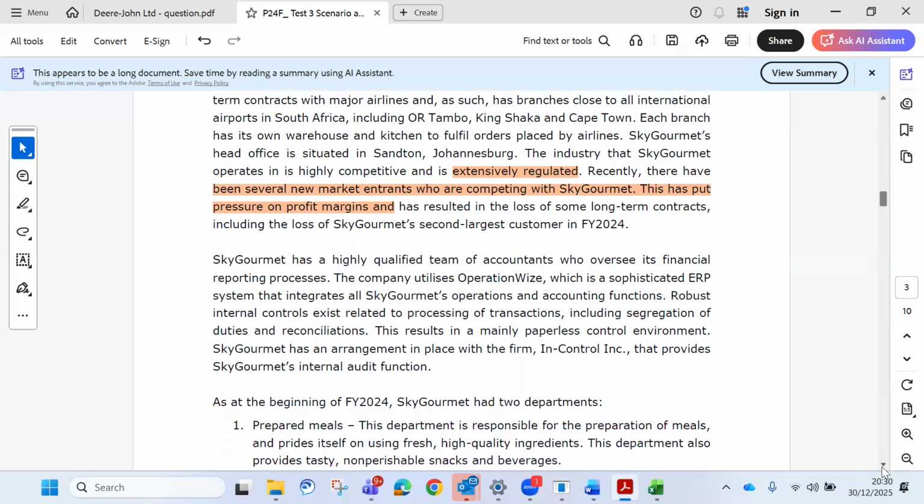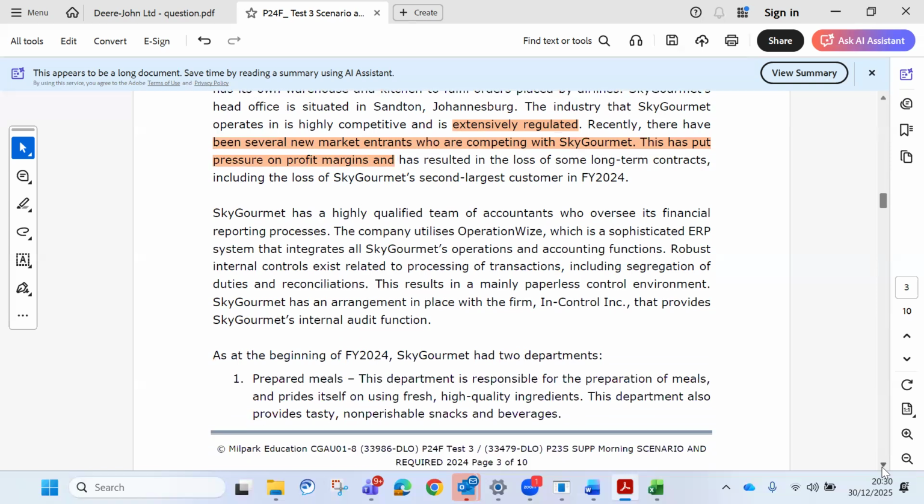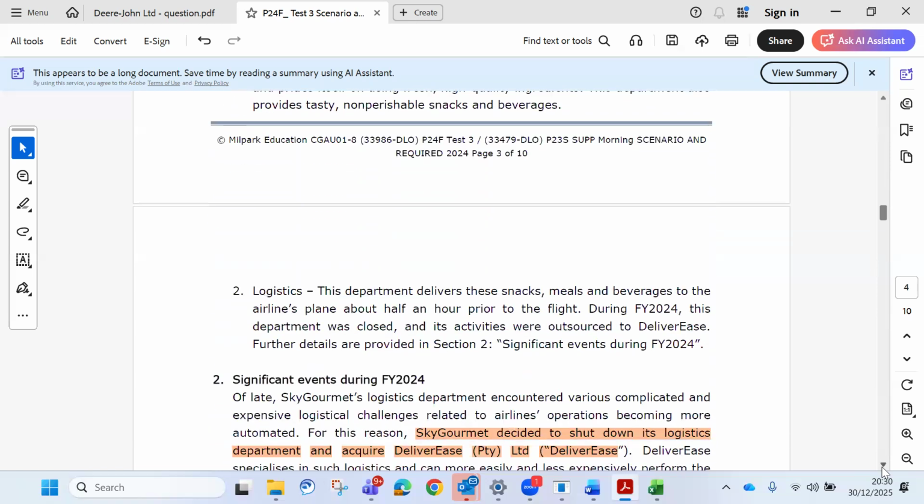What else is a going concern issue? Remember the department that was closed up there. You closed the logistics department. You were also going to go to that part where we said this is one centralized system.